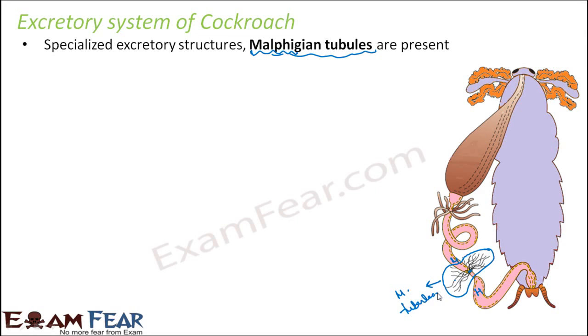They try to extract all the waste products or excretory products from the hemocoel. That is their job. So we can see that Malpighian tubules in cockroach are analogous to kidneys in human beings. Kidneys also form the main excretory organs in human beings.